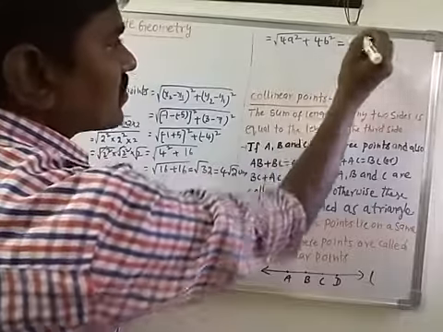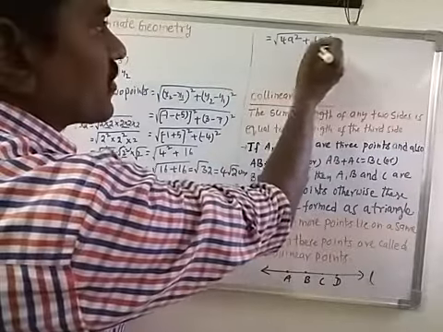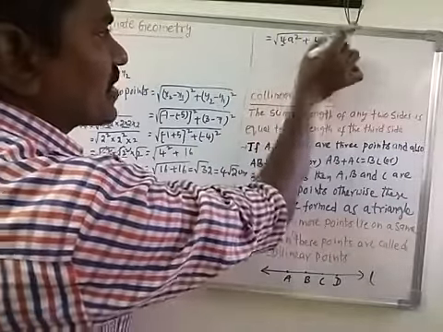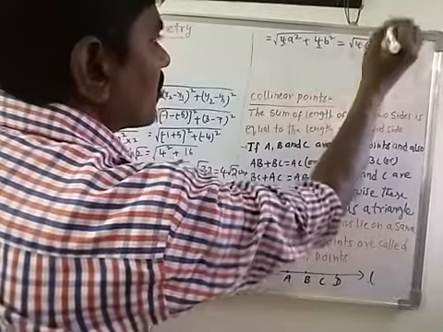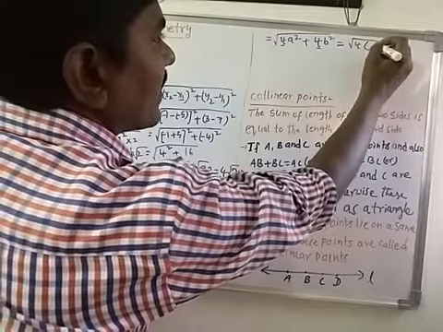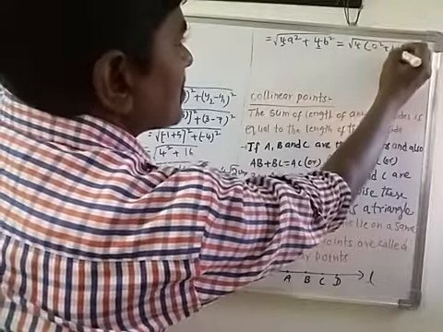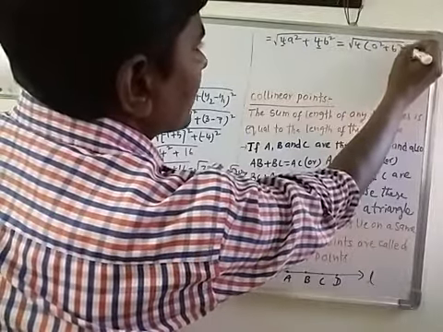So here 4 is common in both terms. Taking the common 4 out, we get a square plus b square.